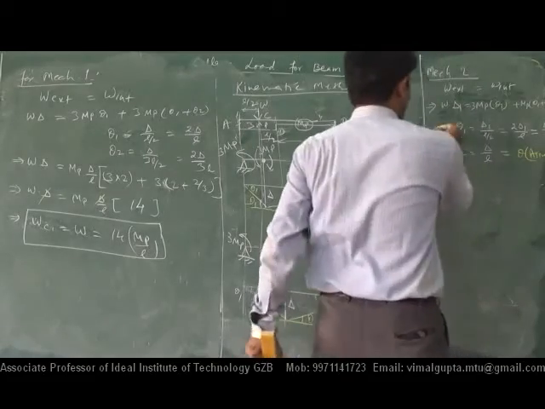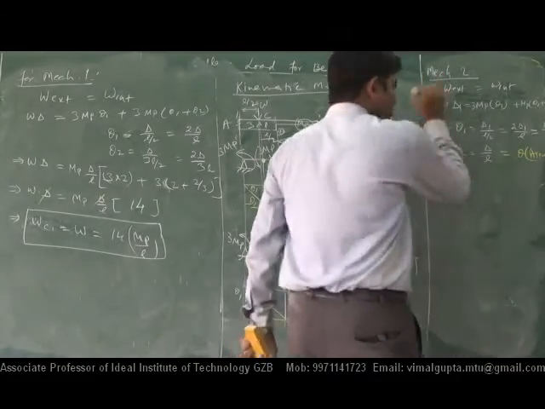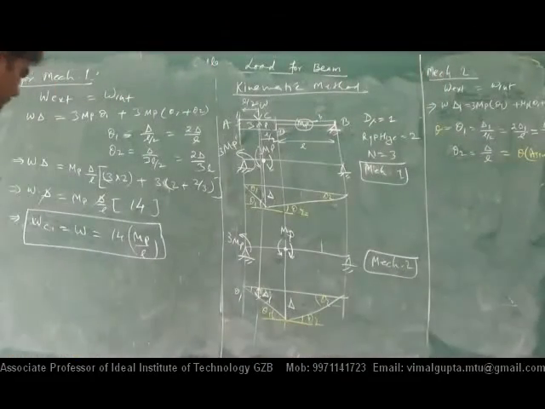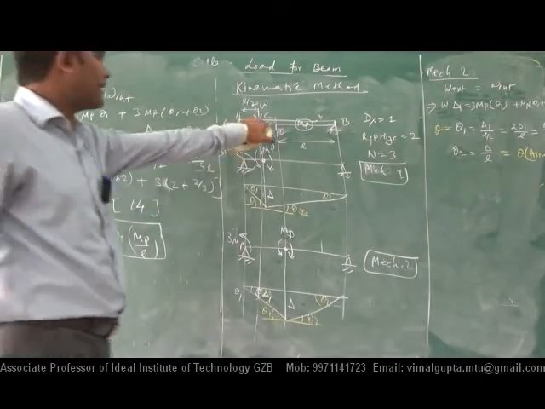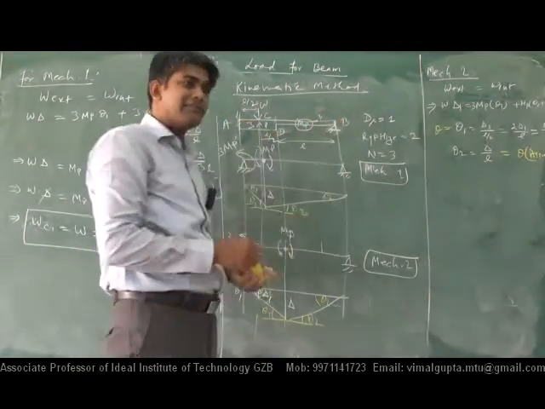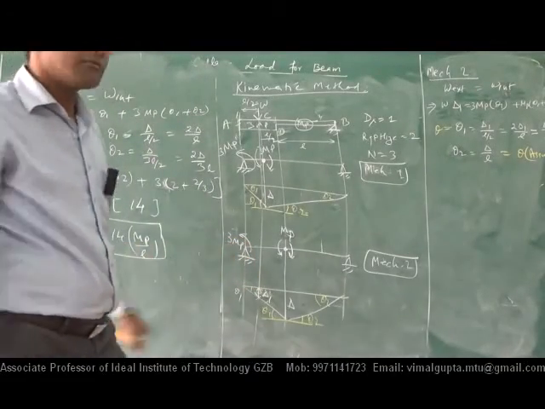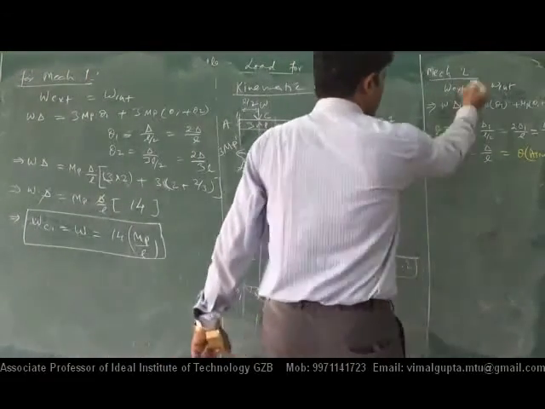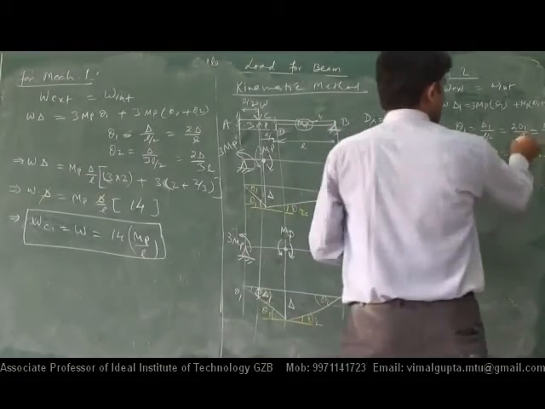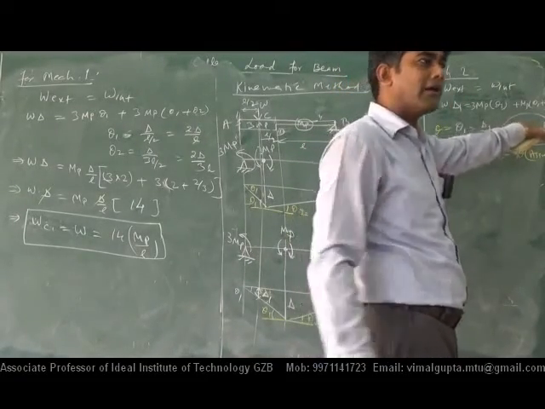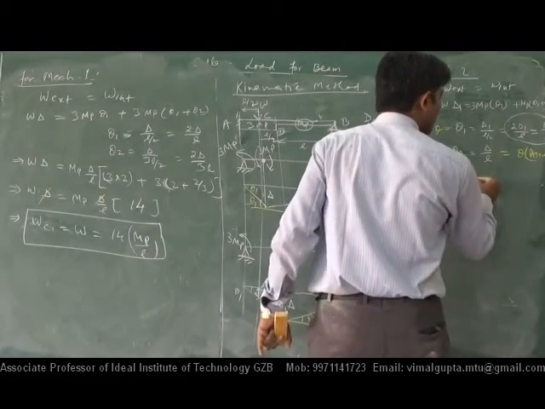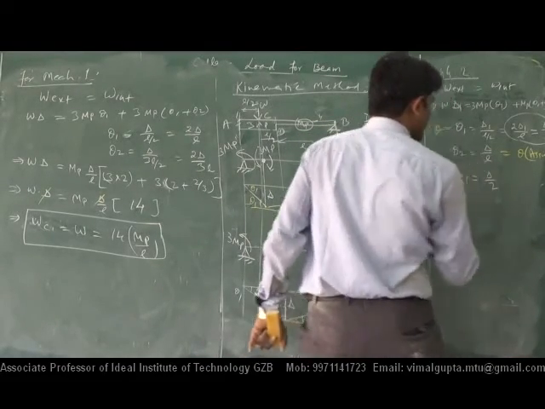Delta by L, that will also be theta, no problem. It's very simple. It is at the mid, L and L, so it is very simple. So put that value, and now delta 1 and delta relation here you can observe from here. So what is the value of delta 1? Delta 1 is delta by 2.